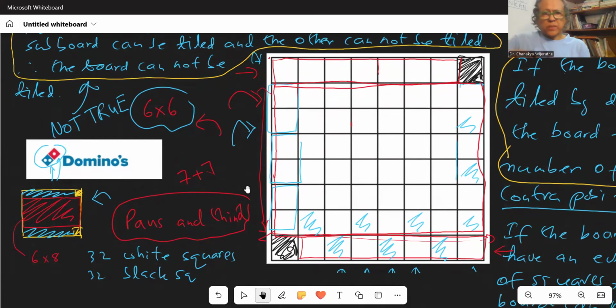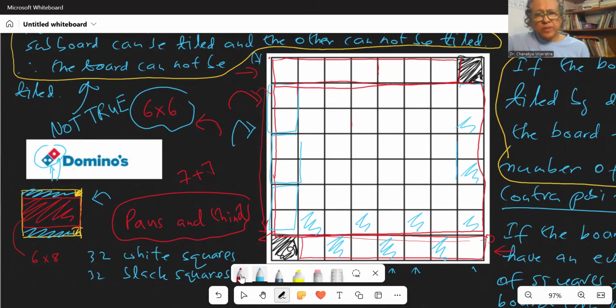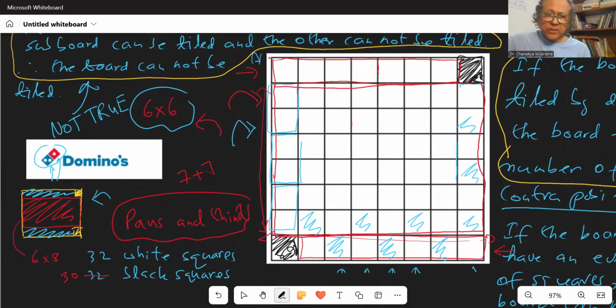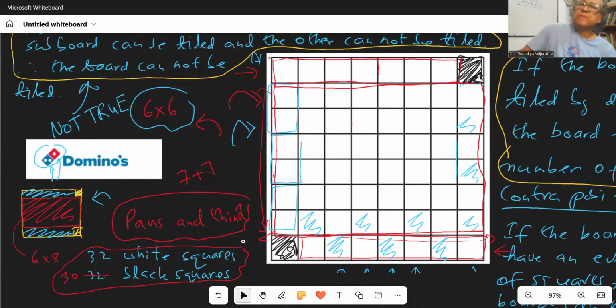Now, after removing the bottom left and top right, we have only 30 black squares, right? 32 white squares and 30 black squares. And a key observation here, right? Each domino covers always one black and one white, right?